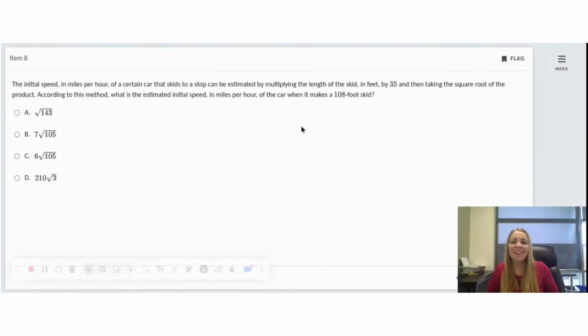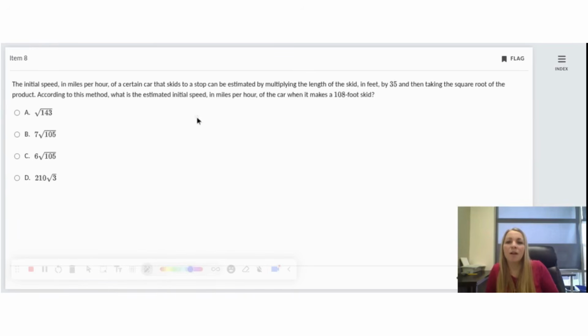Question number 8. The initial speed in miles per hour of a certain car that skids to a stop can be estimated by multiplying the length of the skid in feet by 35, then taking the square root of the product. According to this method, what is the estimated initial speed in miles per hour of the car when it makes a 108-foot skid?